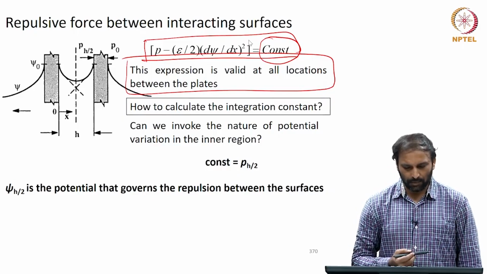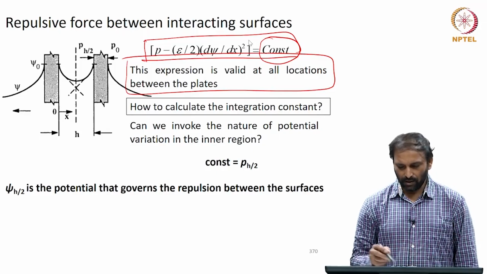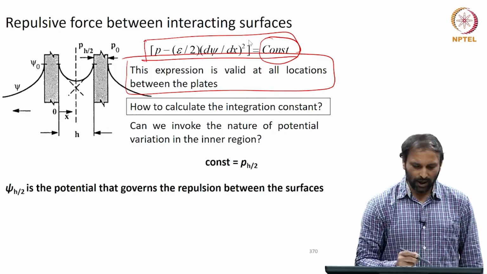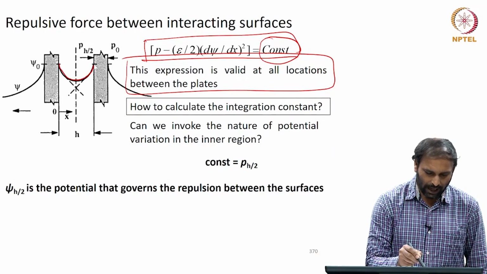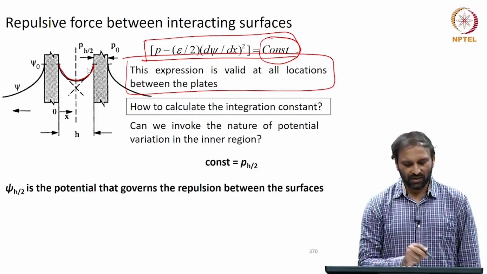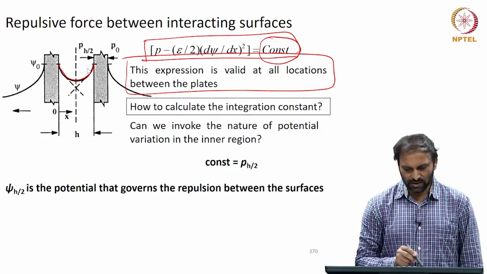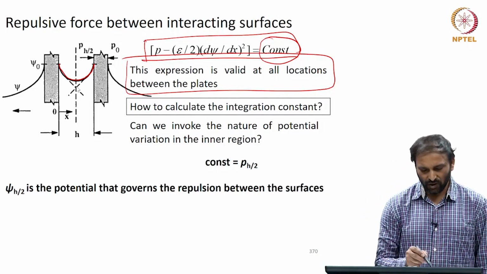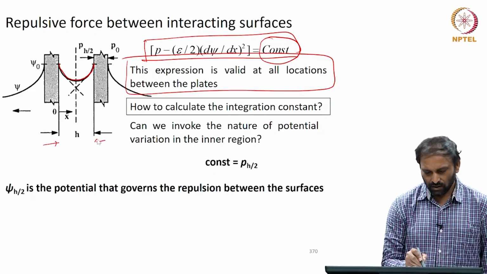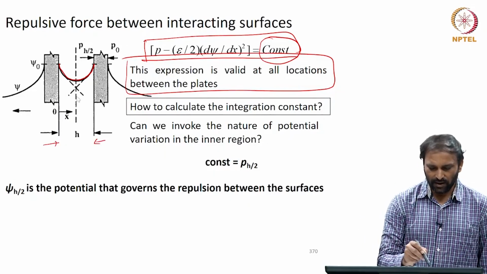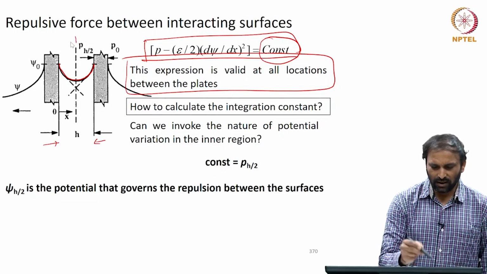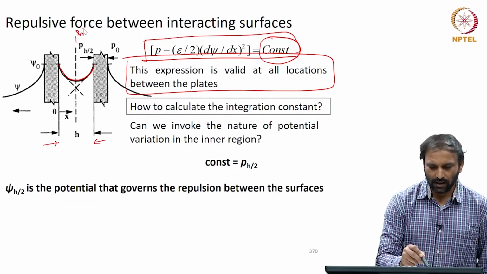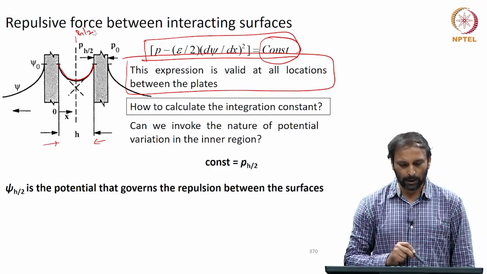One of the ways to think about obtaining the integration constant is to look at how this potential, because of the overlap, varies with the distance, right. So, if you look at this, I can say that at the midpoint, if h is the distance between the plates, and that is the dashed line that is drawn, that is the mid plane, that is at the distance h by 2.